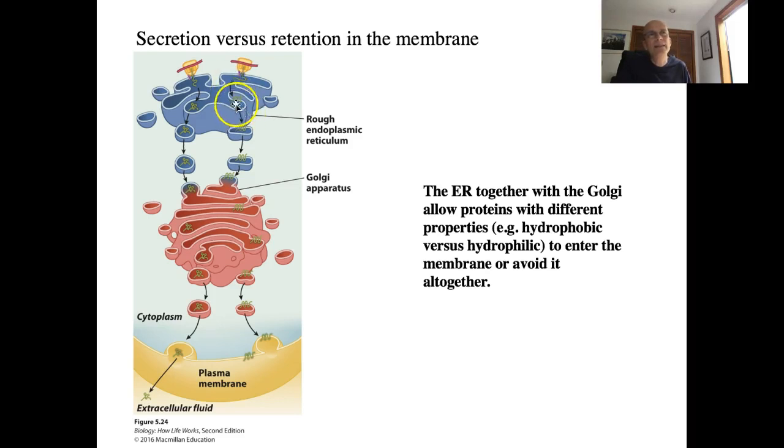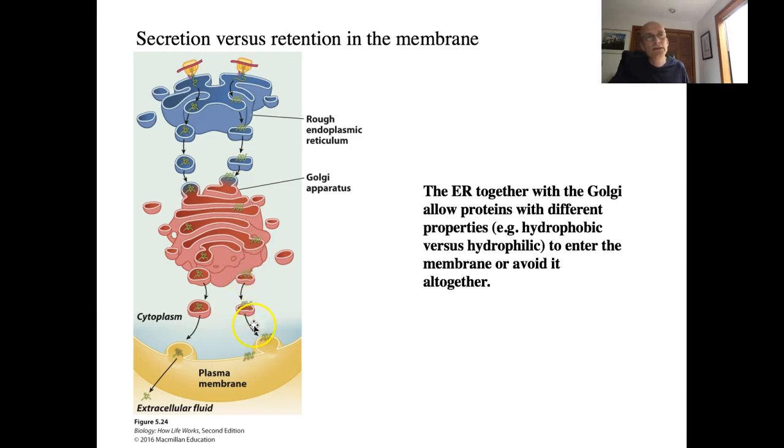And then if it's stuck in the membrane, it can just stay stuck in the membrane. And then as being part of the membrane, it becomes part of a little vesicle that buds off from the ER, docks onto the Golgi, still staying in the membrane, and then it gets maybe glycosylated, modified, right, within the Golgi, and then sorted, and then the next vesicle buds off.